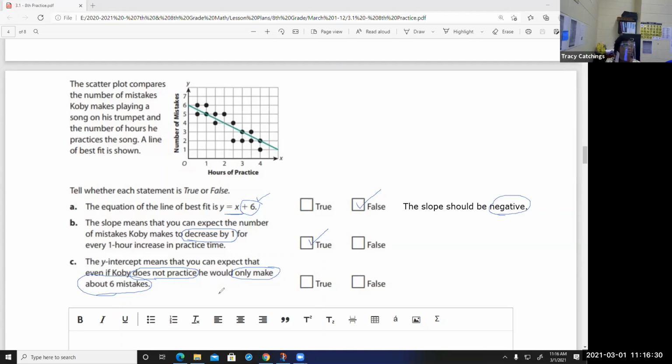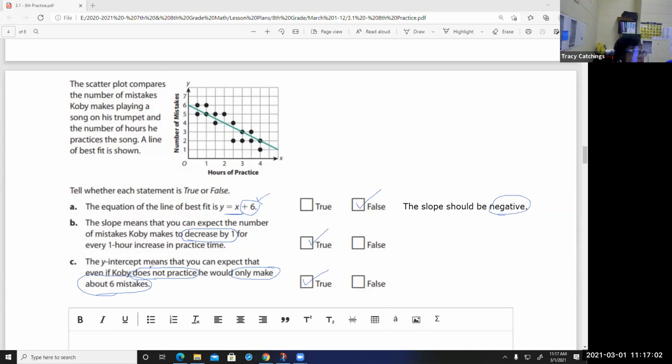Then they're saying here, I only make about 6 mistakes. Yeah, that would be true, because 6 was the y-intercept. So it's pretty much saying the less time he practiced, the more mistakes. But as he kept practicing, as he went down to 4 hours of practice, he only had 2 mistakes. That will be correct. Any questions about it?